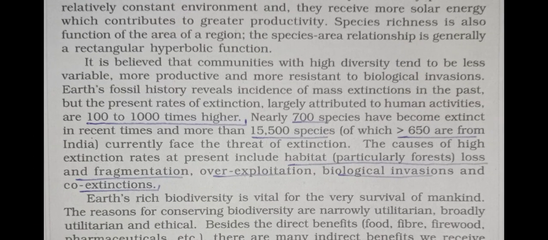Now see, the rate of mass extinction is now 100 to 1000 times higher. Underline, nearly 700 species have become extinct in recent times, and more than 15,500 species, of which 650 from India, underline, it is not included in your textbook, currently face the threat of extinction. And you know the evil quartet is there: loss of habitat and fragmentation, overexploitation, biological invasions and co-extinctions.